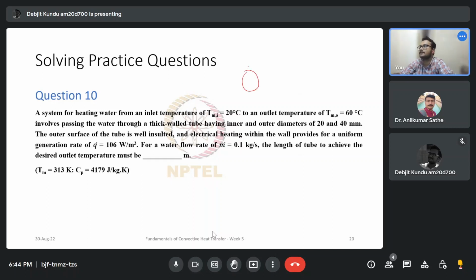I have a thick pipe with a finite thickness like this, and within this pipe there is a heat generation. That heat generation, Q dot triple prime, volumetric heat generation, is given as 10 raised to 6 watt per meter cube.